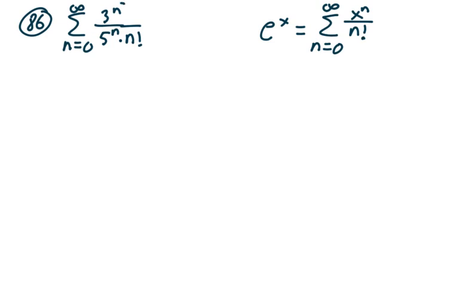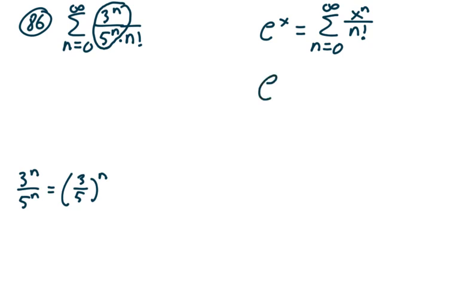And then I'm looking at 3 to the n over 5 to the n. So now isn't 3 to the n over 5 to the n 3 over 5 to the n? So what if I replace x with 3/5?